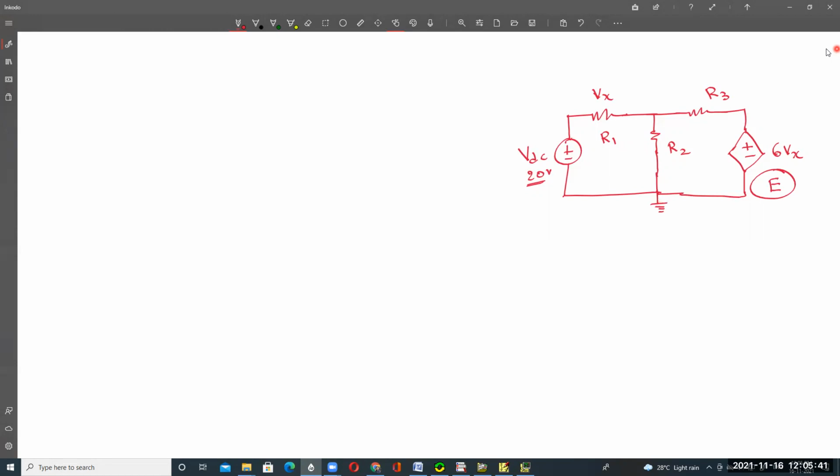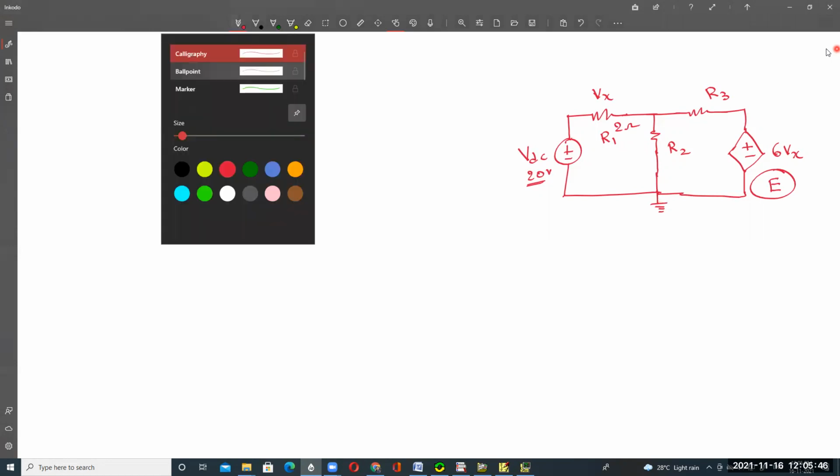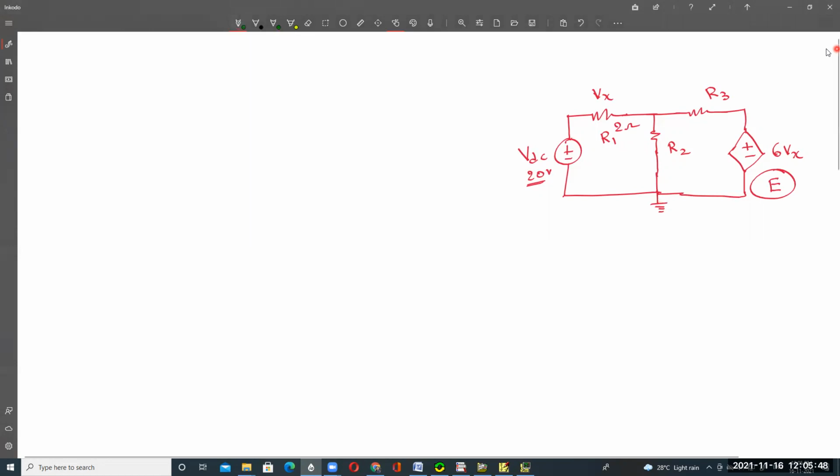Let us assume that the resistances are 2 ohms, 4 ohms, and 16 ohms. This is ground 0, this is node 1, this is node 2, and this is node 3. The circuit is connected like this.